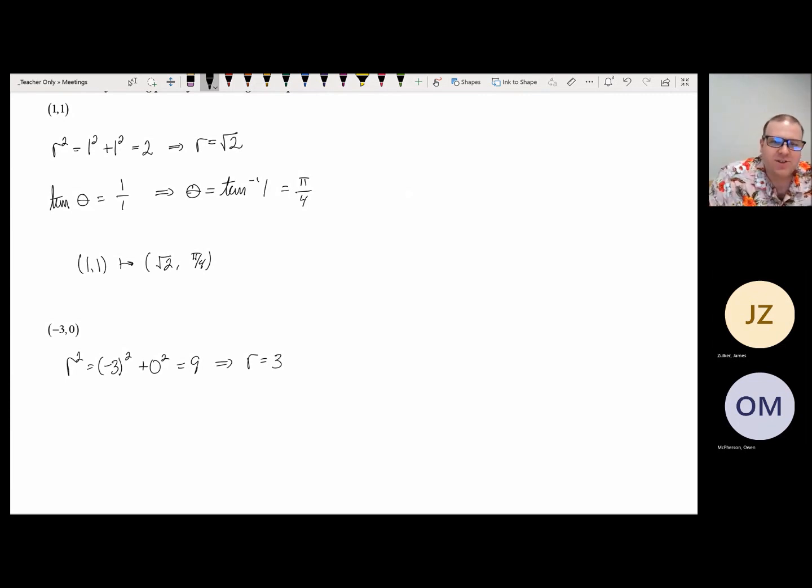Point (-3, 0). r is going to be 3. That's fairly obvious. Tangent of theta is going to be 0 over -3. True or false? Theta is the inverse tangent of 0. Why?